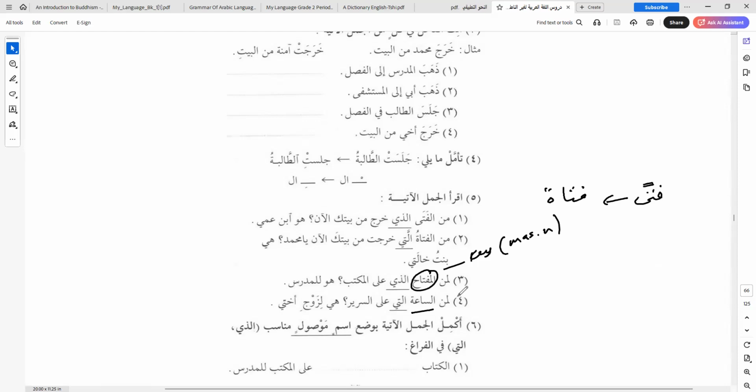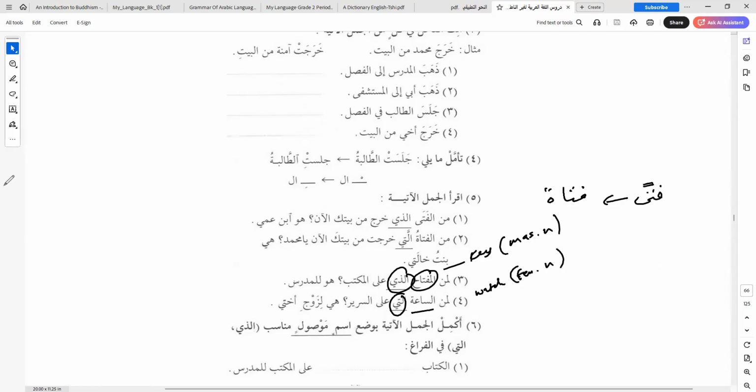Sa'a, watch, is a feminine noun. So you see that alladhi becomes allati in sentence number 4 because sa'a is considered a feminine noun in Arabic.